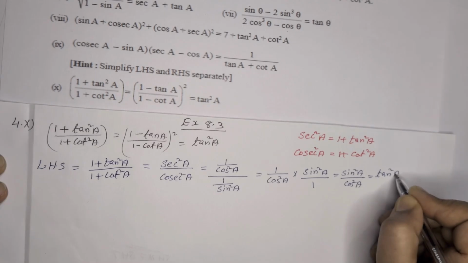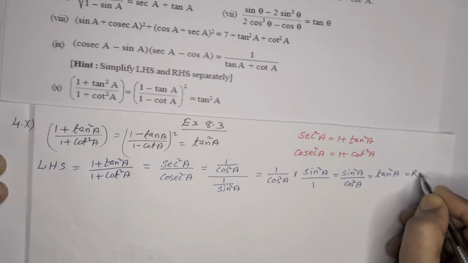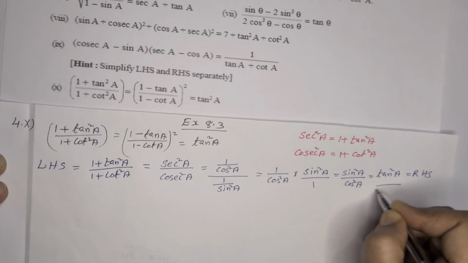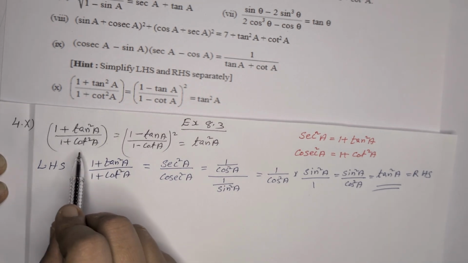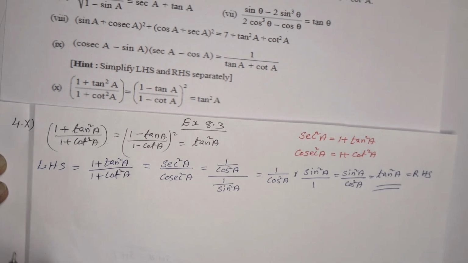That is the RHS, which is equal to RHS. So the first part we got, 1 plus tan square A by 1 plus cot square A is equal to tan square A. Now the second one.